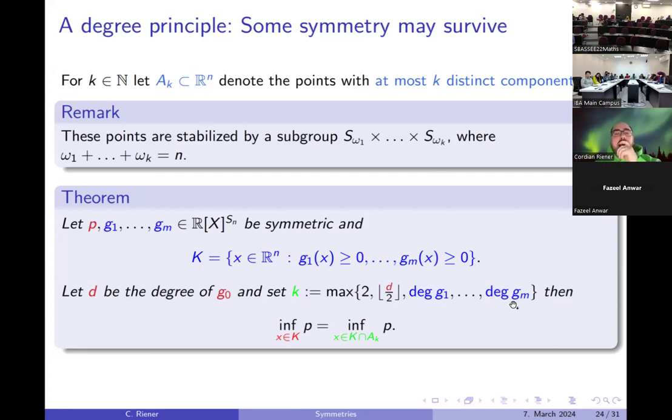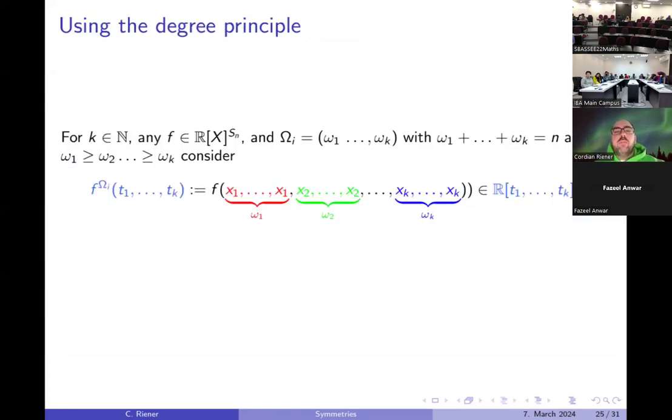Then I know that the minimum value of the polynomial will be attained at points with at most k distinct components. So this gives another nice way of doing this.